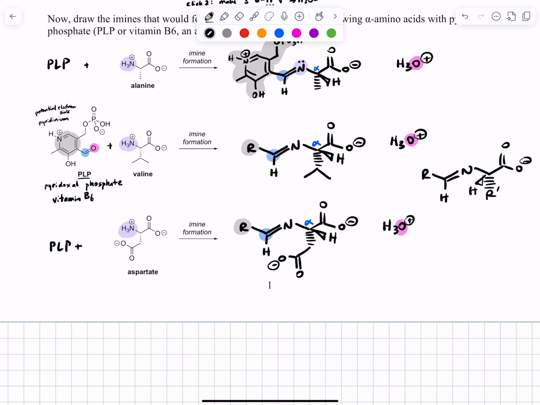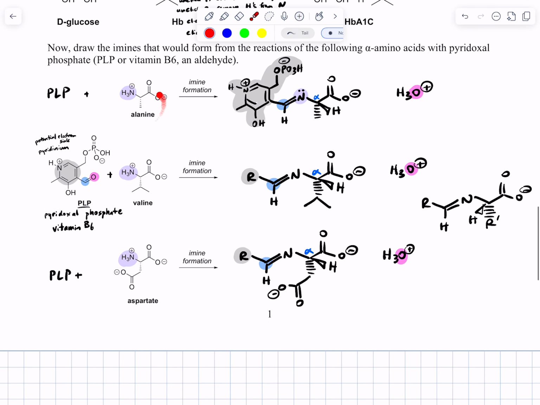So that's actually an important observation. With amino acids, nature can use similar chemistry to process different amino acids in basically the same way. It tolerates variation in the side chains. There will be different enzymes that do this for alanine versus valine versus aspartate, but the players will be very much the same.